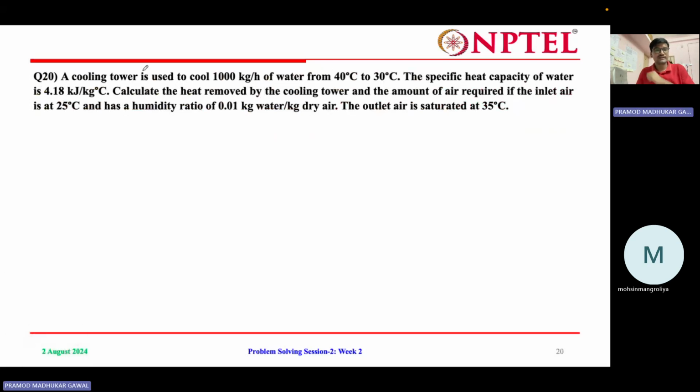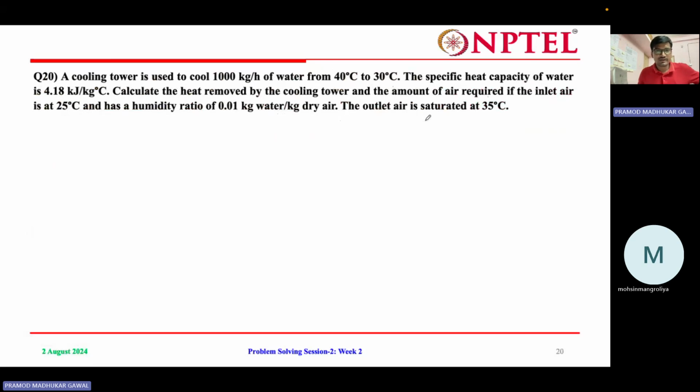Now moving to question number 20. A cooling tower is used to cool 1000 kg per hour of water from 40 degrees Celsius to 30 degrees Celsius. The specific heat capacity of water is 4.18 kilojoule per kg per degree Celsius. Calculate the heat removed by the cooling tower and the amount of air required if the inlet air is at 25 degrees Celsius and has a humidity ratio of 0.01 kg water per kg dry air. The outlet air is saturated at 35 degrees Celsius.